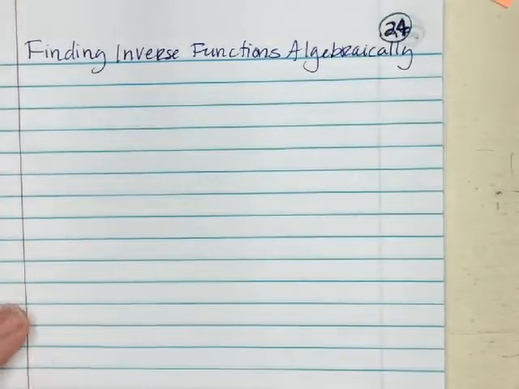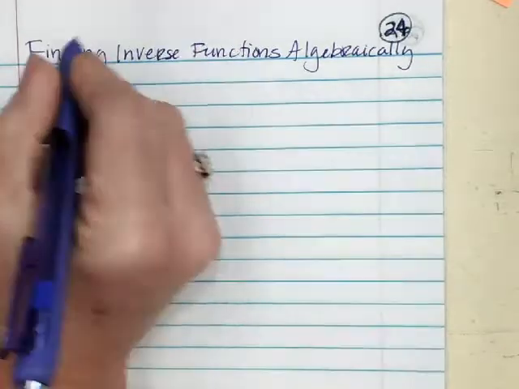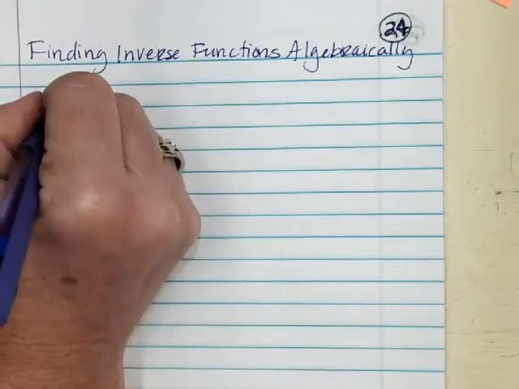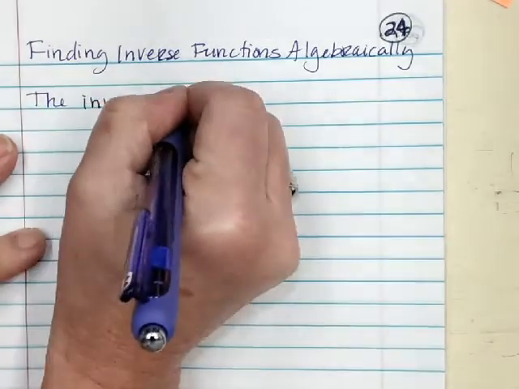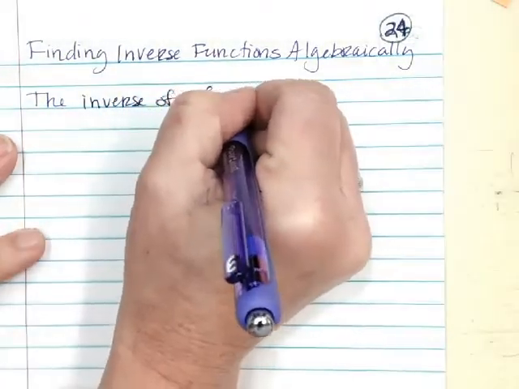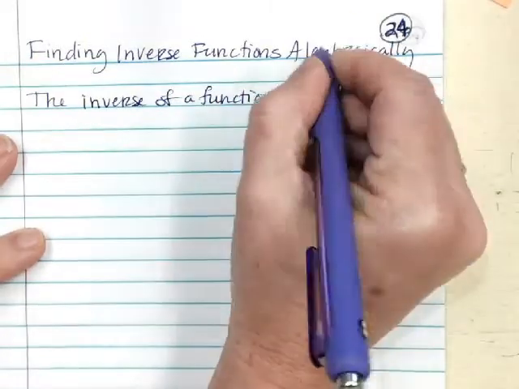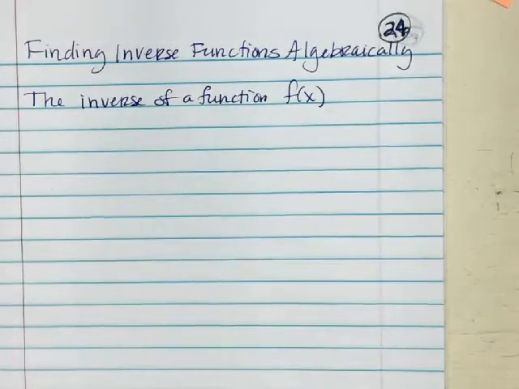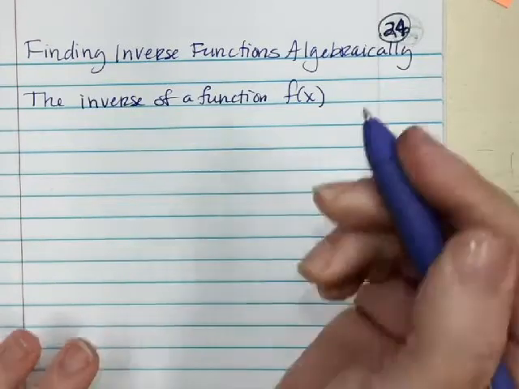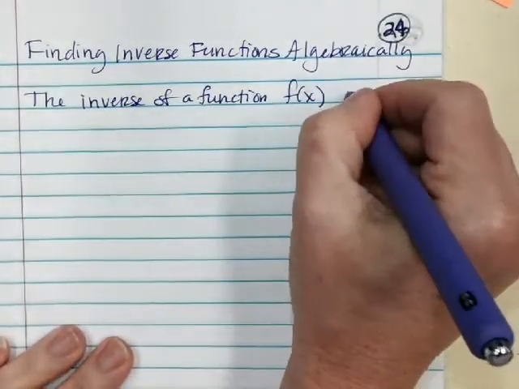Okay, so when you talk about inverse functions, it has different notation. The inverse of a function, whatever it happens to be, I'm going to use f of x, that's our most common name that we go to. The inverse of a function f of x has a different kind of notation.